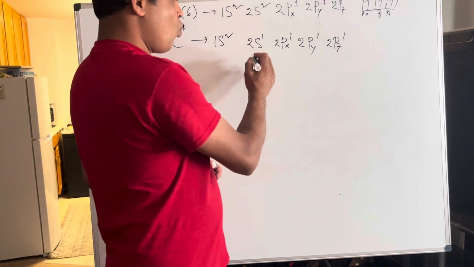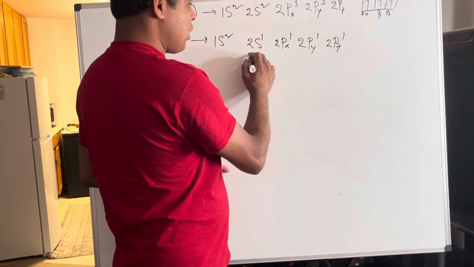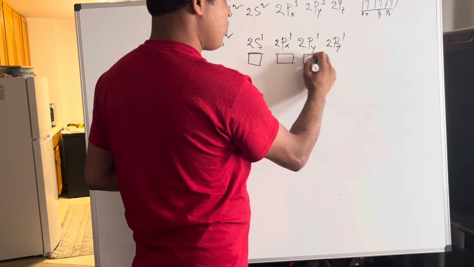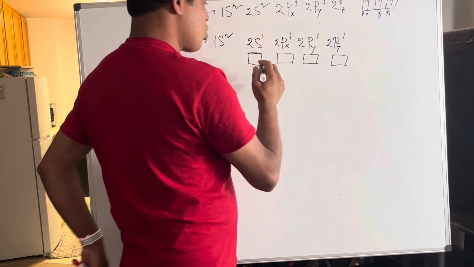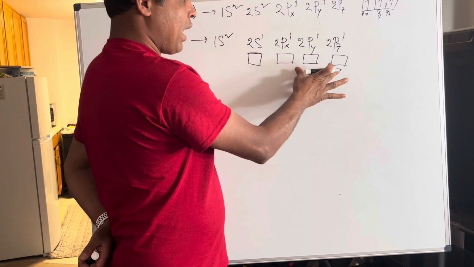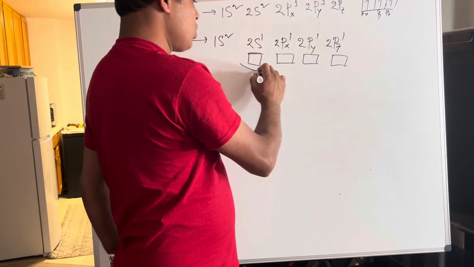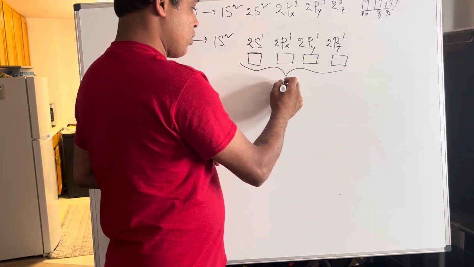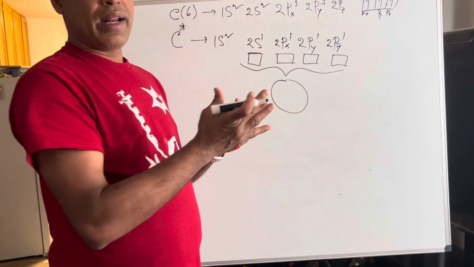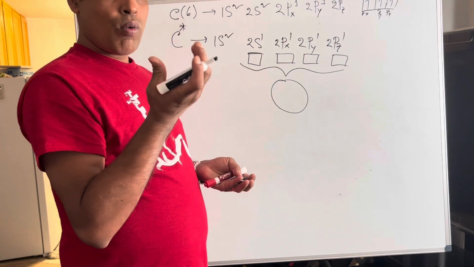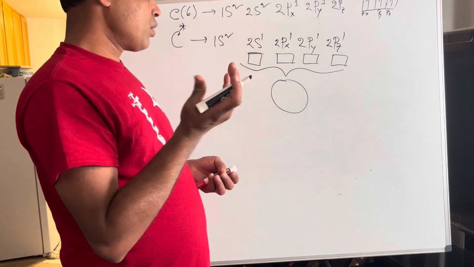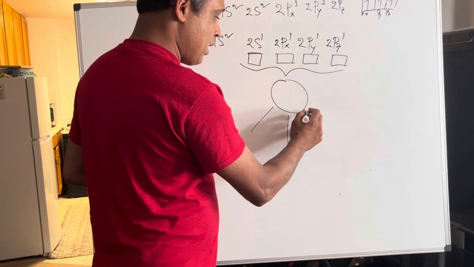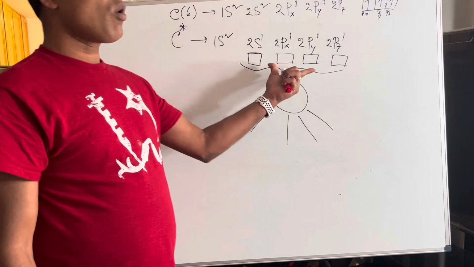When one s orbital, 2s, and 2px, 2py, and 2pz, so when one s orbital and 3 p orbitals all mix together, you can think of it as made into something like a dough, and then it is divided in equal amounts. How many orbitals are mixing?